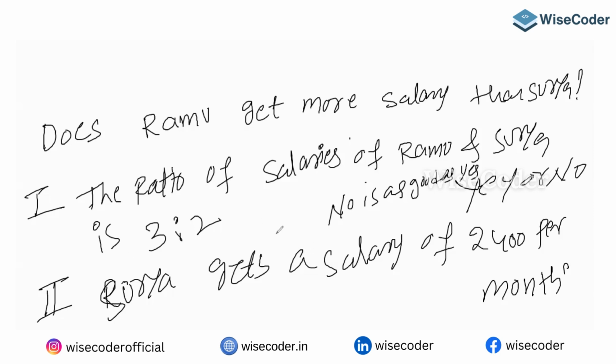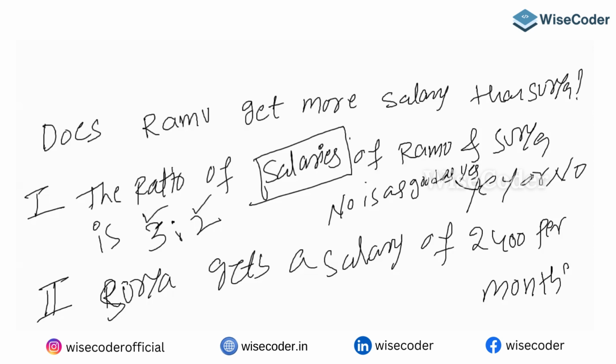The ratio of the salaries of Ramu and Surya is 3 is to 2. Don't say again that the numbers may be positive or negative. That's why I have created this question, to make you understand the situation, guys. Salaries will never be negative. In a general scenario, salaries will always be positive.